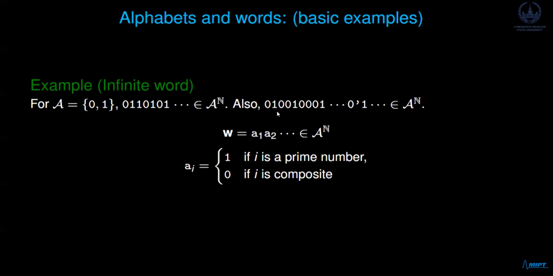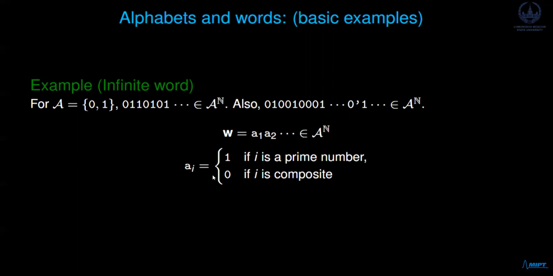Let's define an infinite word w as a1, a2, and so on to infinity, where each a_i is either 0 or 1. We can create a rule to determine each a_i based on the properties of i. In this case, we can define a_i as follows: a_i is 1 if i is a prime number, and a_i is 0 if i is composite.